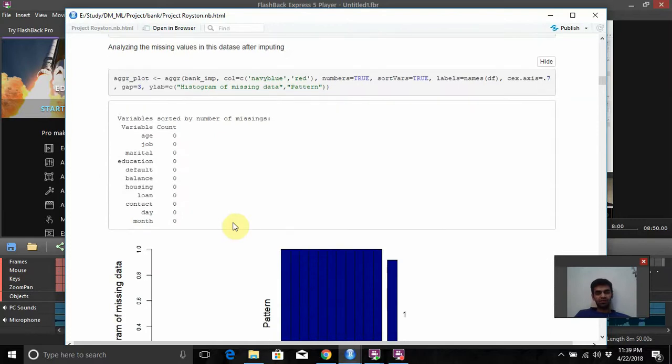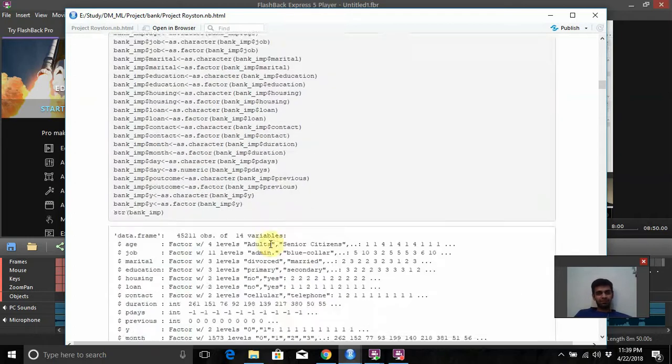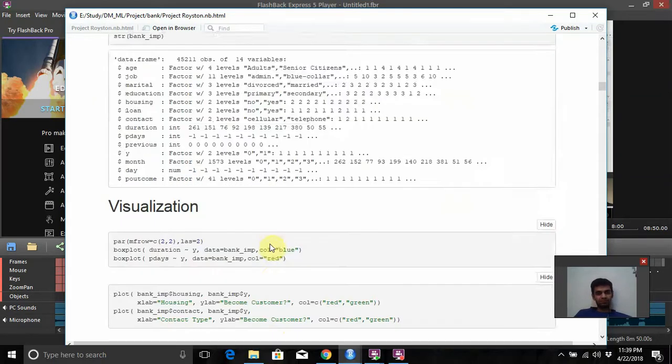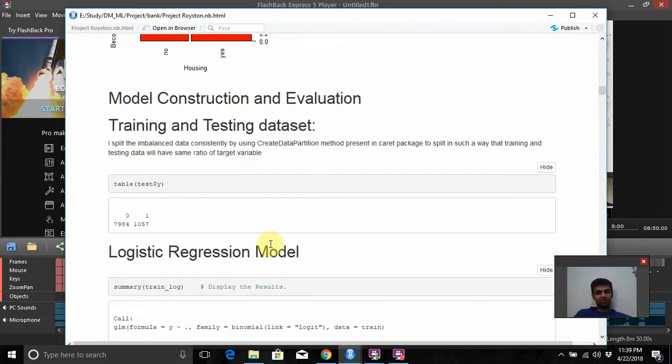After imputing, when you plot the data, you can see there are no missing values. And I have visualized some other factors as well.